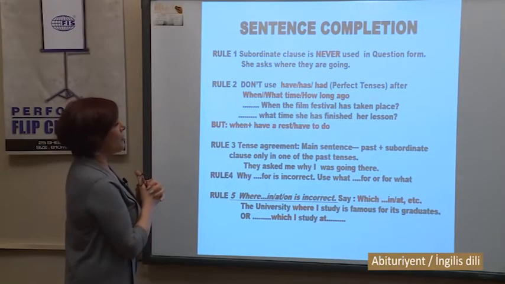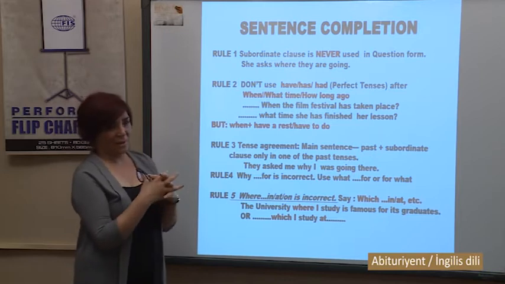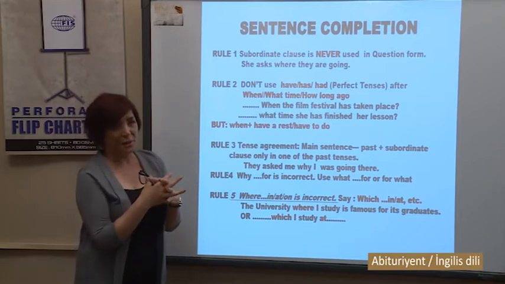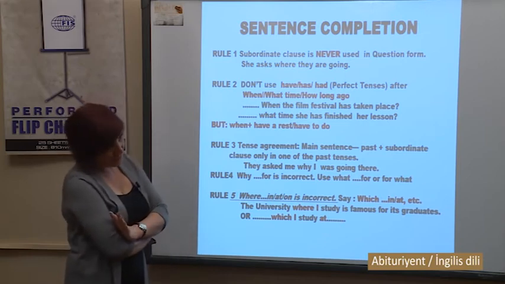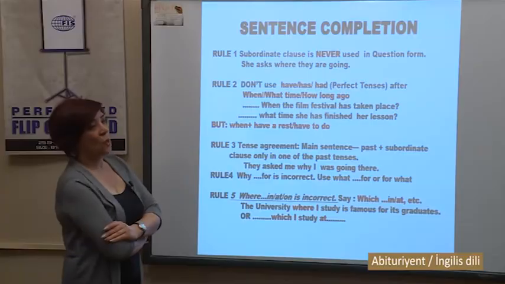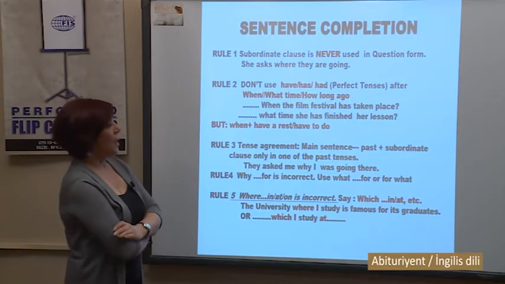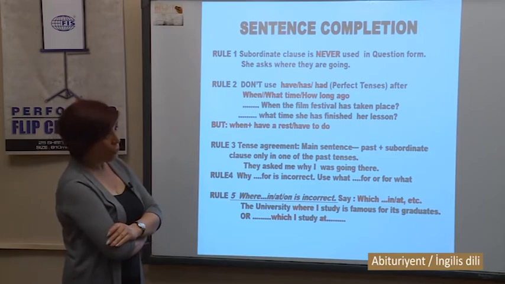Rule number 2. Don't use have, has, had. They are auxiliary verbs, and if they are auxiliary verbs, it is clear that we speak about perfect tenses. After when, what time, and how long ago, of course, we speak about sentence completion. If they are dependent sentences, it means a subordinate clause.